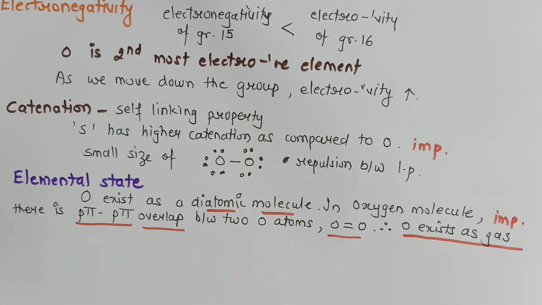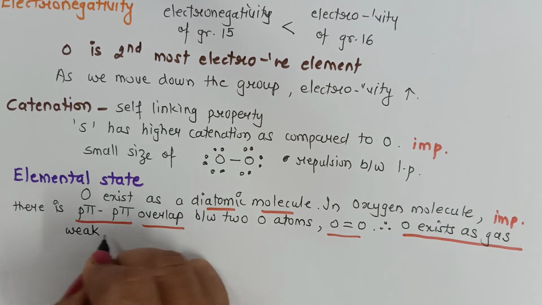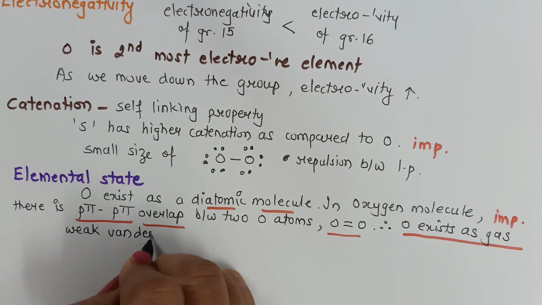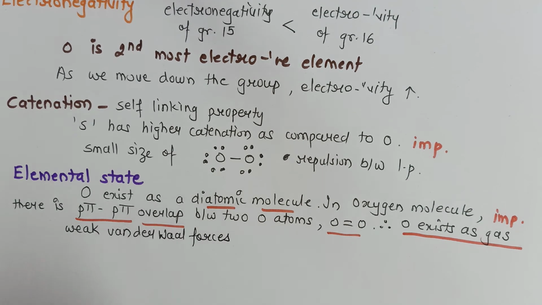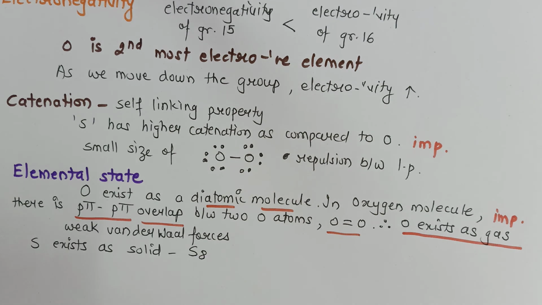Similarly, oxygen also forms p-pi overlap. And when it forms p-pi overlap, there are weak van der Waals forces. These weak van der Waals forces are responsible for the gaseous state of oxygen.